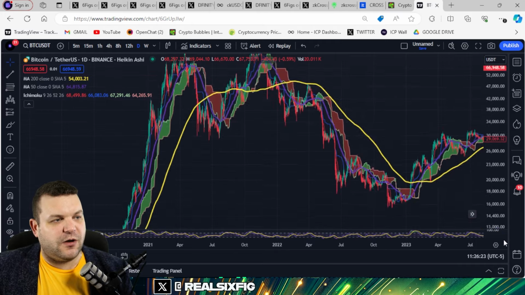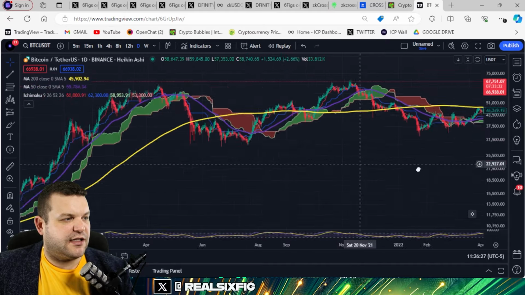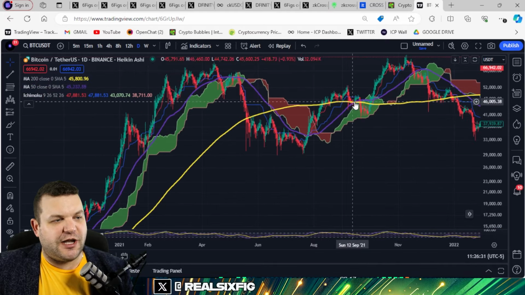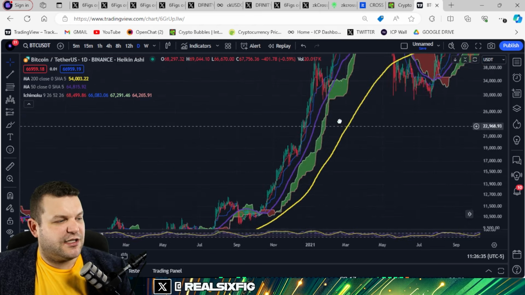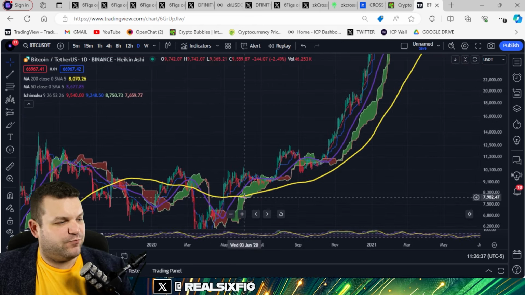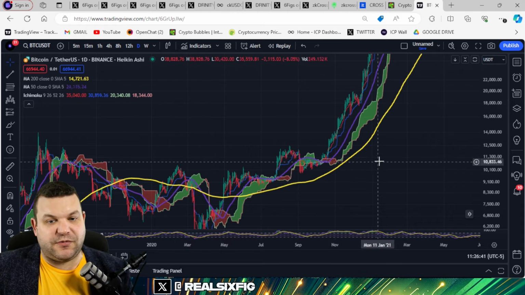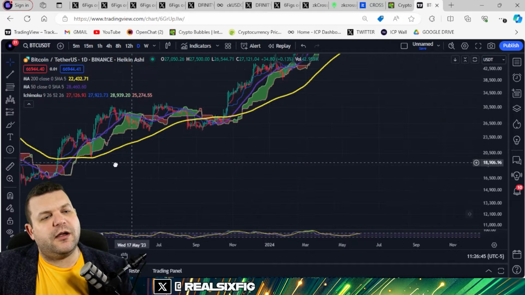Here is a classic example of what I'm talking about. Price went rampaging up. We had the golden cross and the price dumped. Here's another example of a golden cross, price dumped, right? That was, of course, the coronavirus crash, but it is what it is.